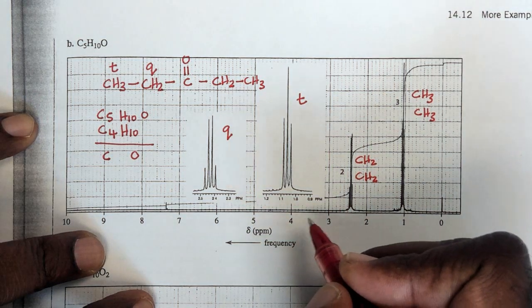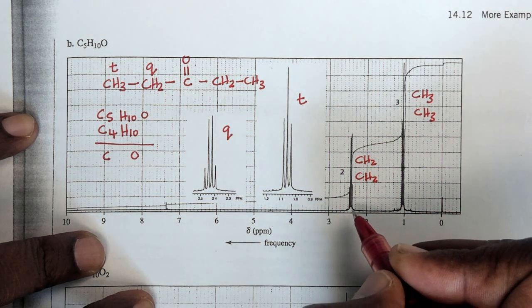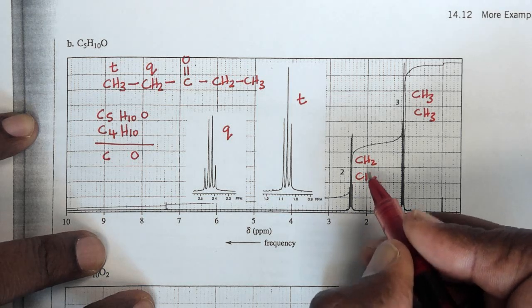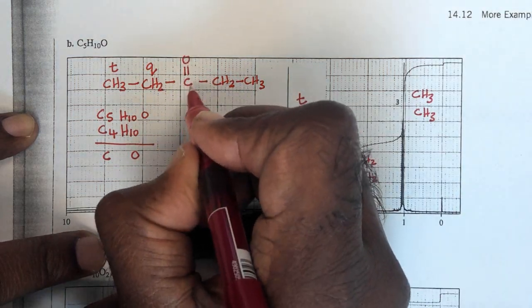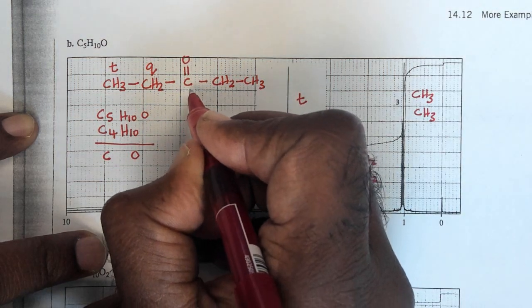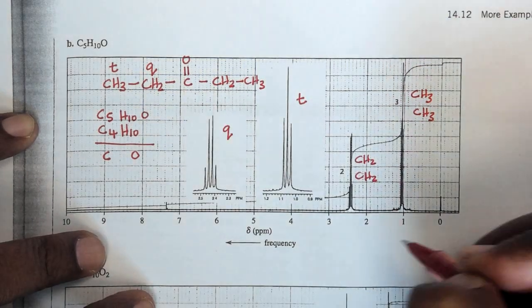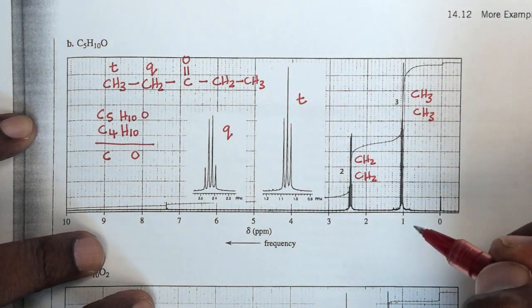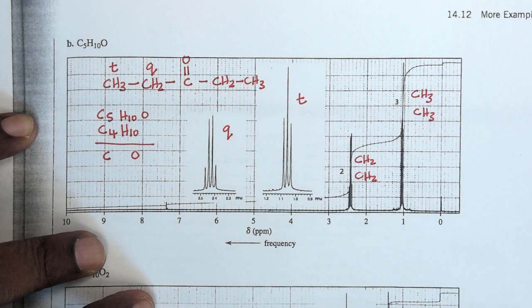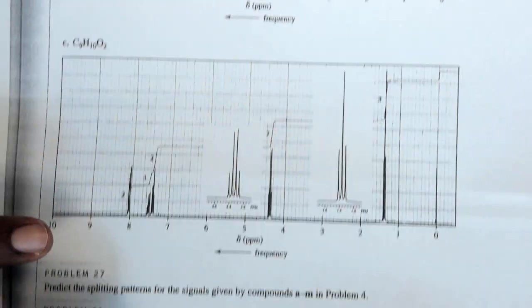If I look again around 2.4, something de-shielded these 2 CH2s, and that has to be the carbonyl group. Remember that a protonated resonance next to a carbonyl group is roughly in the region of 2.2 to 2.3 or so.